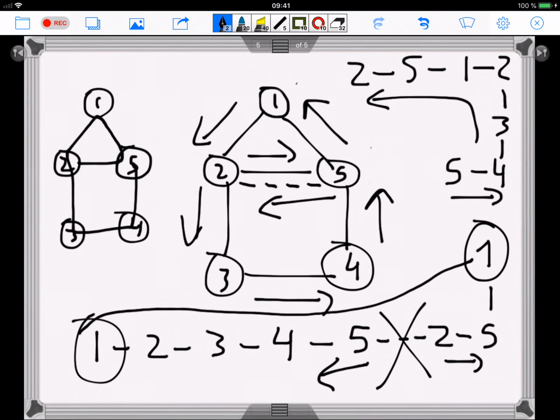And without lifting the pencil, I have been able to trace all the edges in the graph once and only once. Okay, so that is the way in which we can solve this problem, even if there is not a cycle in the graph, but an open Eulerian path that uses all the edges once and only once.